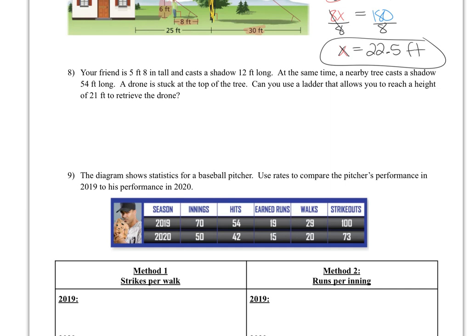Okay, so let's set it up the same way. We have a person and we have a tree. Okay, so my person, how tall again were they? 5 foot 8 inches. Now, I got 2 units of measurement going on there, okay? I have a couple choices. If I know how many inches are in a foot, I could technically make this a decimal and do it that way.